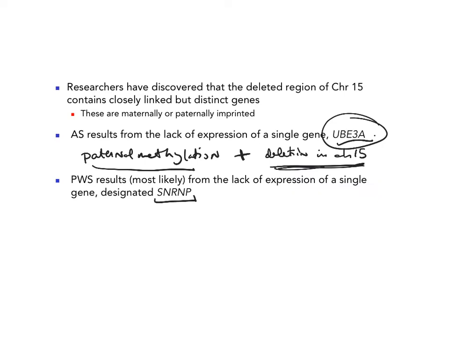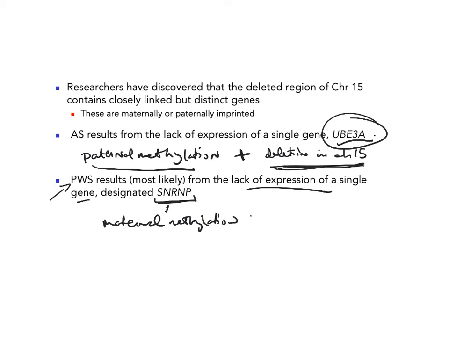Okay, so in this case of PWS, let's just start with this again. SNRPN, in all cases, it's the maternal copy that is actually silenced. So to develop PWS, you've got a lack of expression of the single gene. To develop this, you have to have the maternal methylation of that gene, not that we want to develop PWS.